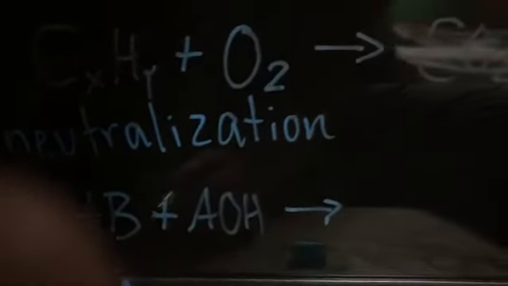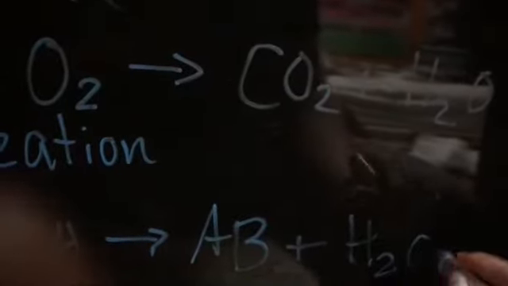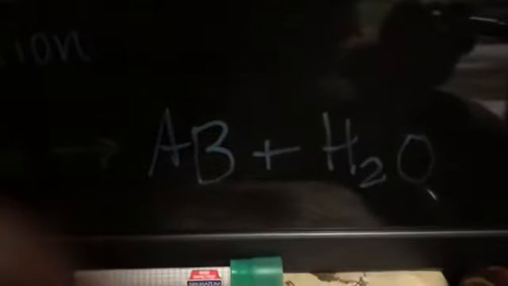When these two react, it's called neutralization. We have an acid and a base reacting, and we end up with AB plus H2O. I'm not necessarily going to ask you any questions about this one, but it's a good one to keep in mind, especially if we end up talking about acids and bases in general.